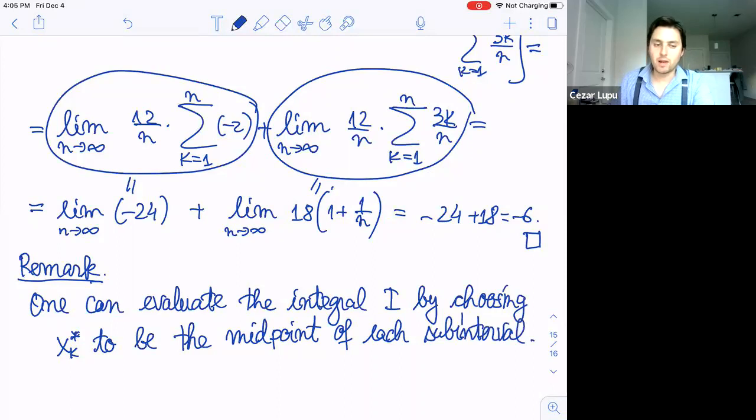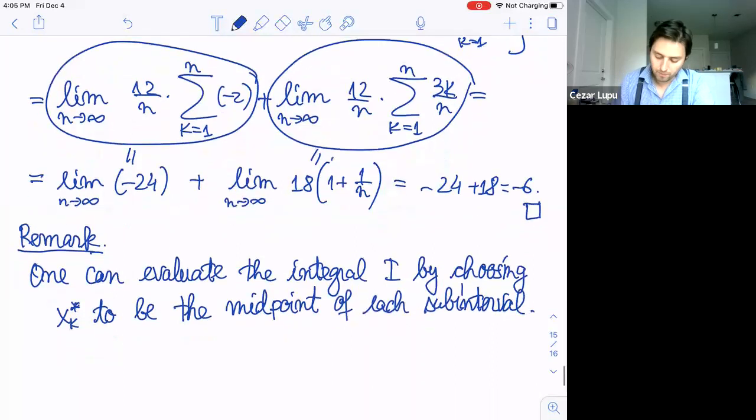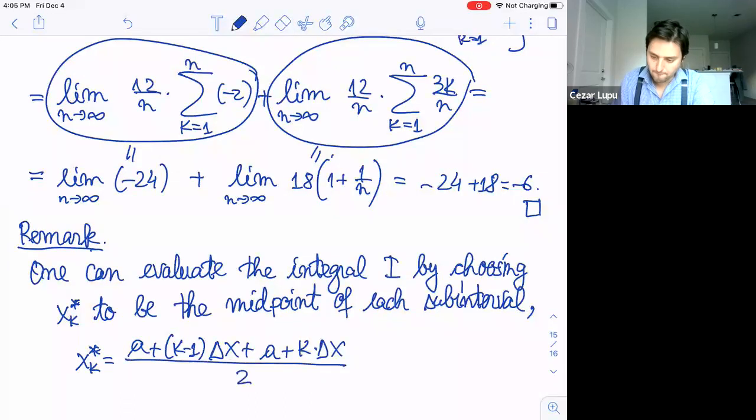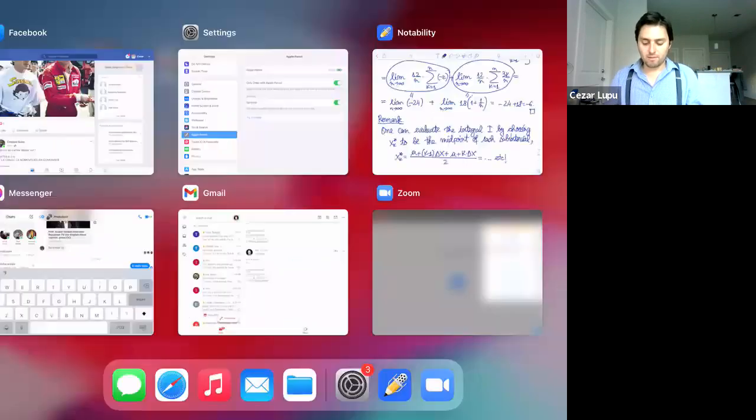So you take the left endpoint plus the right endpoint and divide by 2. In other words, you can write x_k star as (a plus (k minus 1) delta x plus a plus k delta x), everything over 2. And you keep going. You know that a is negative 2, you know who delta x is, and so on.